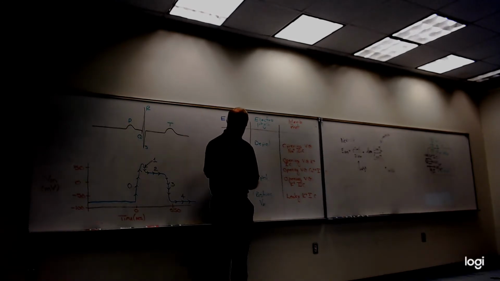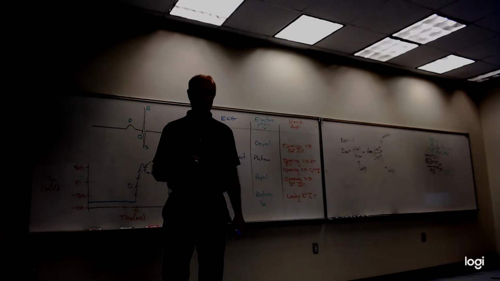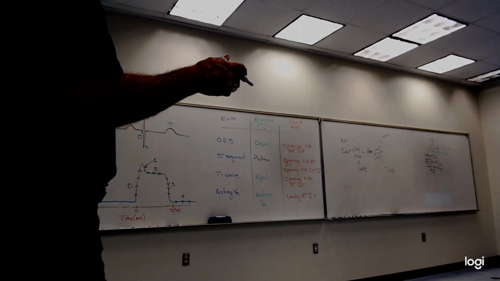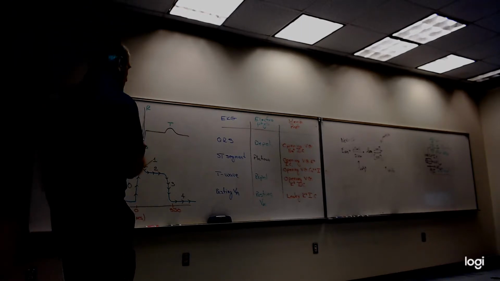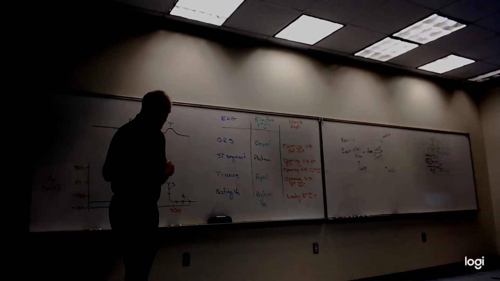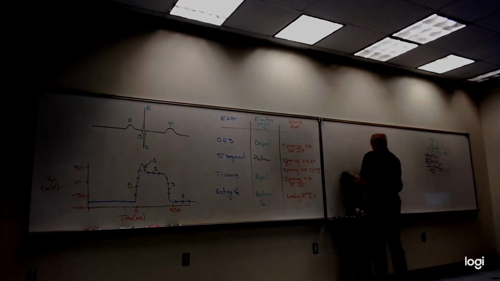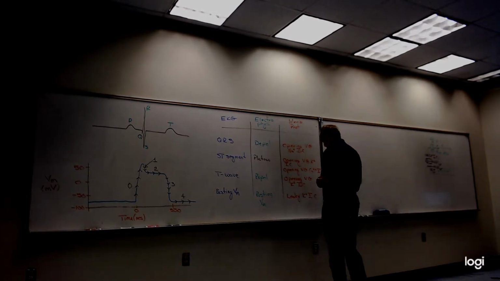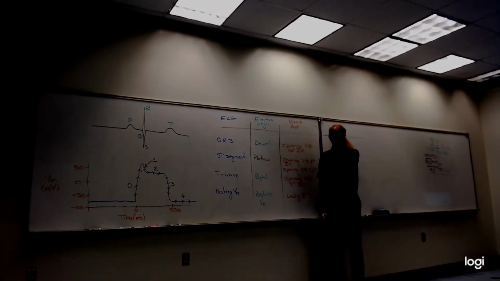So here, where we've got the ST segment, I'm going to write plateau. And you're going to tell me that that plateau phase is due to the efflux of potassium and the simultaneous influx of calcium into the cell. So we've got ion flux.